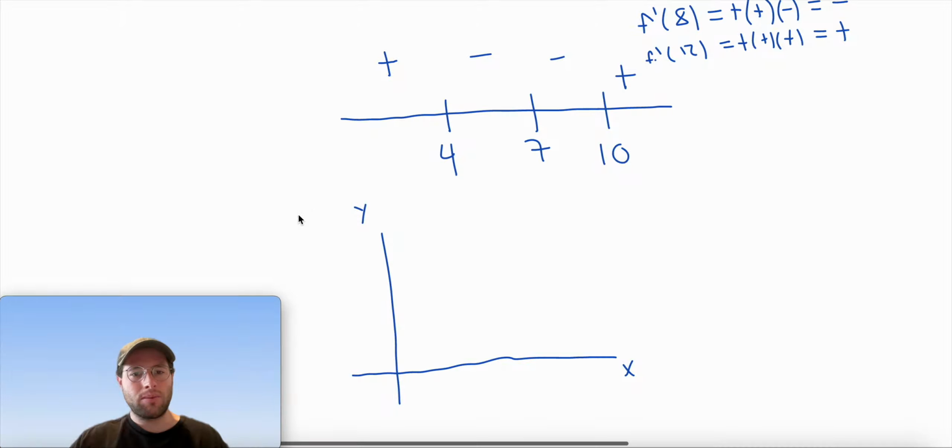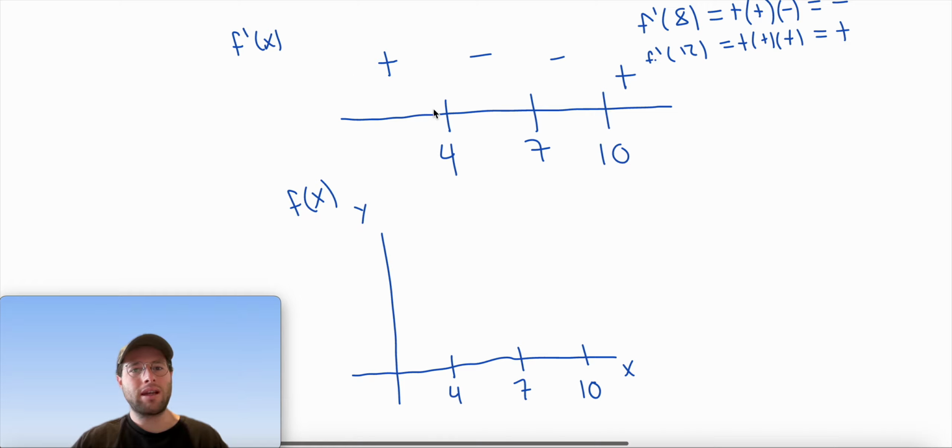This is going to be a rough sketch of f of x given our sign chart. I'm going to label 4, 7, and 10. To the left of 4, the derivative is positive. Remember, this is a sign chart for f prime of x, and right now I'm drawing out f of x.